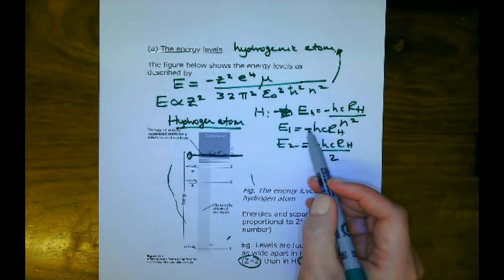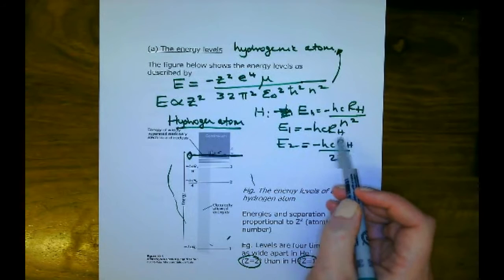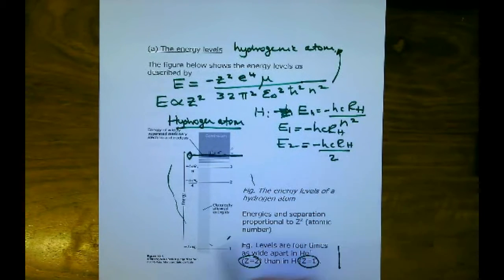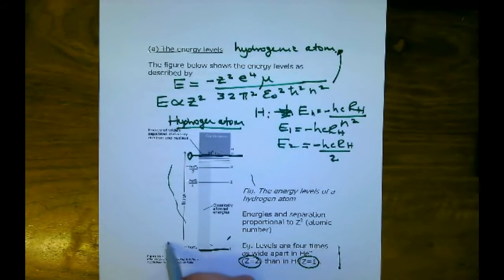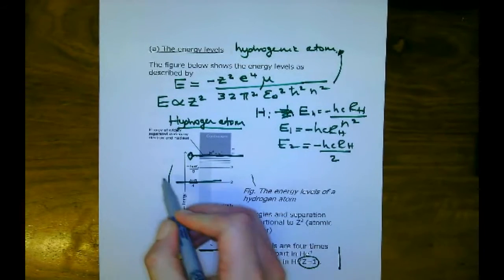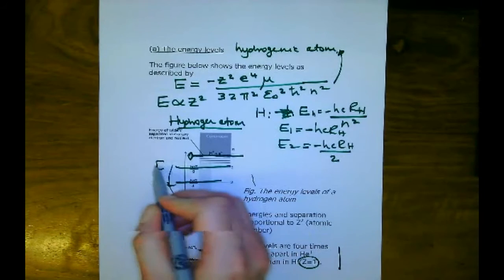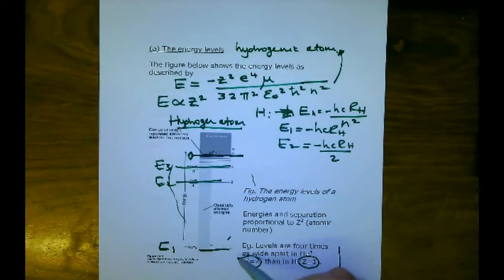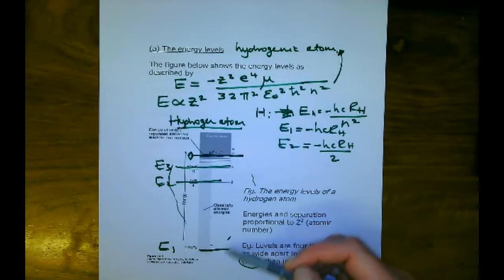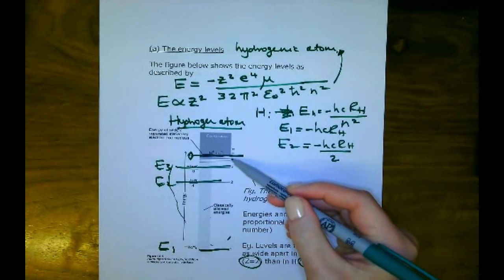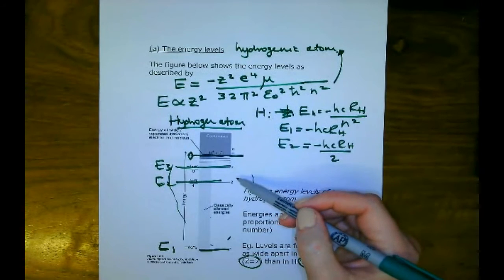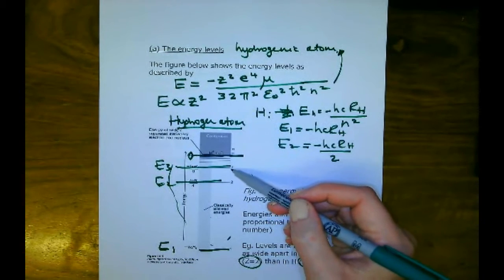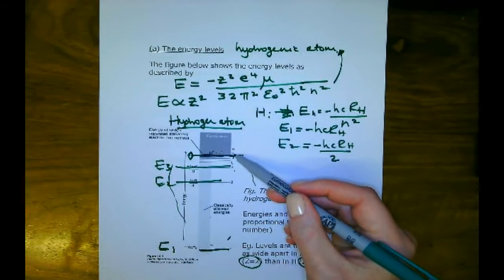E1 is negative, minus hcRH. E2 is negative, E3 is negative. So all of these values are negative. You also notice that the spacing decreases the closer you go to 0. The spacing between 1 and 2 is very big, between 2 and 3 is smaller, between 3 and 4 is smaller, etc.